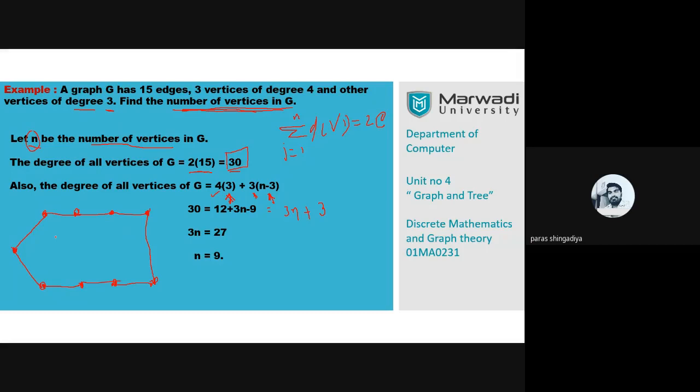And now we have to connect the remaining ones. Clear? So that is one design.